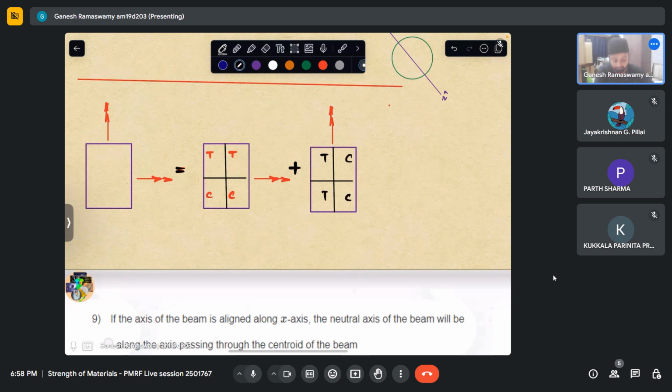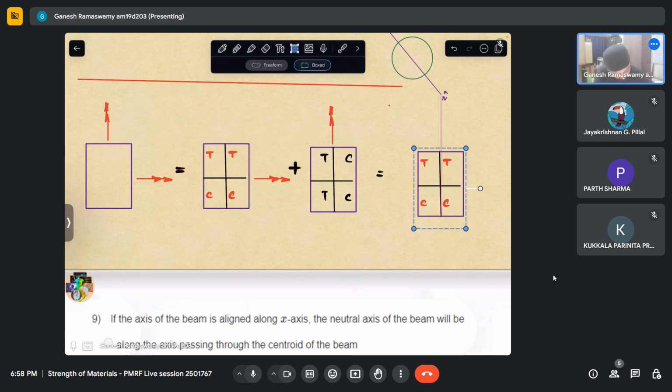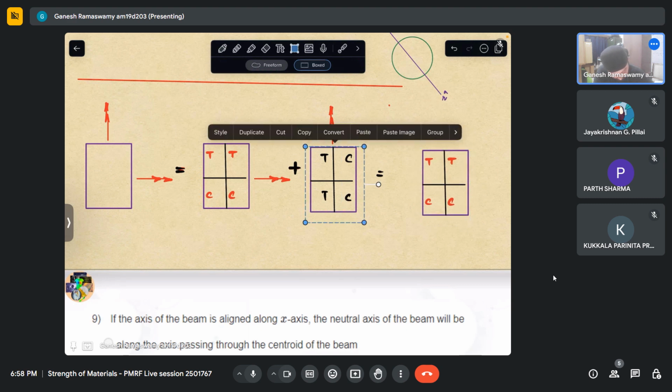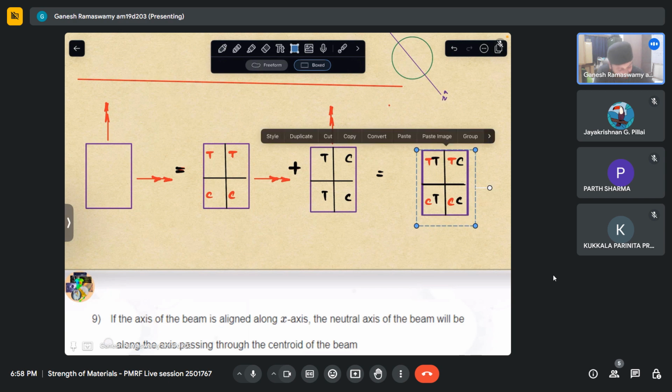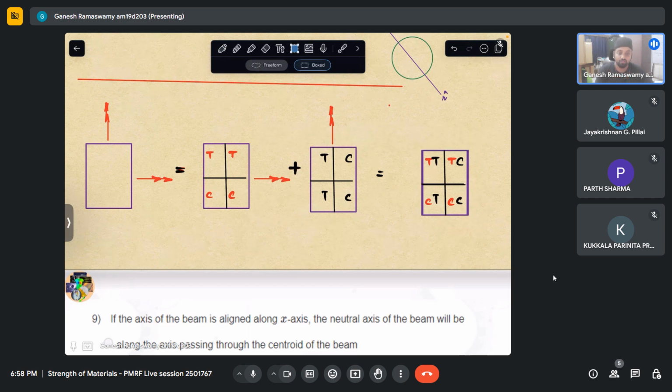Now when we superimpose these two, you just have to see which are the quadrants where both are causing tension and which are the quadrants where one is nullifying the other.